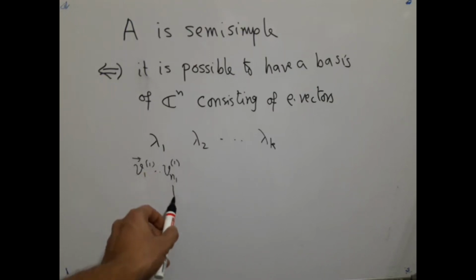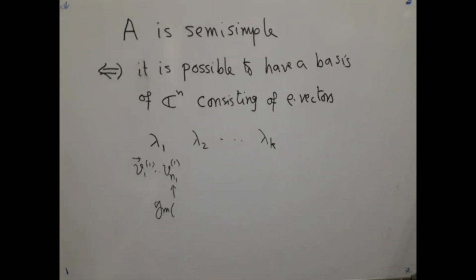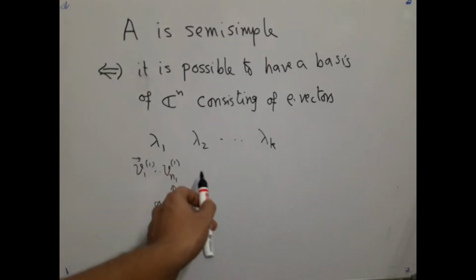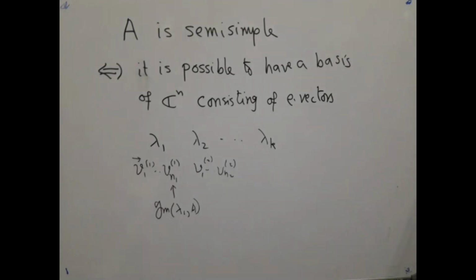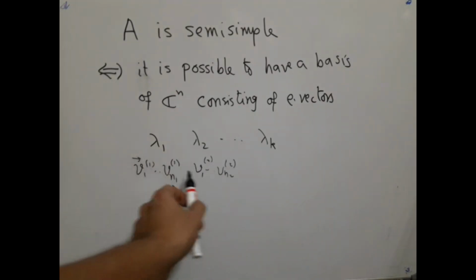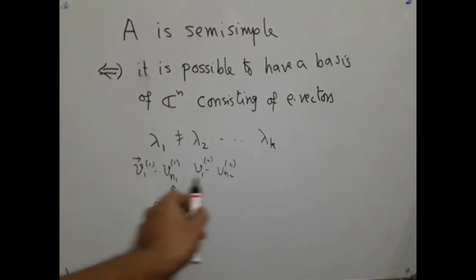So n1 is the geometric multiplicity of lambda 1 for A. That is the dimension of the eigenspace of lambda 1 corresponding to A. So these are all linearly independent eigenvectors. Similarly, here also you can get v21 to v2n2. Now these are linearly independent, these are linearly independent. Since lambda 1 is not equal to lambda 2, the entire thing is linearly independent.